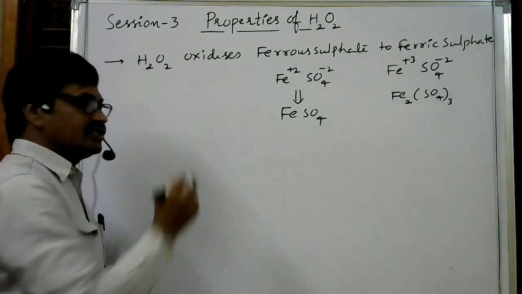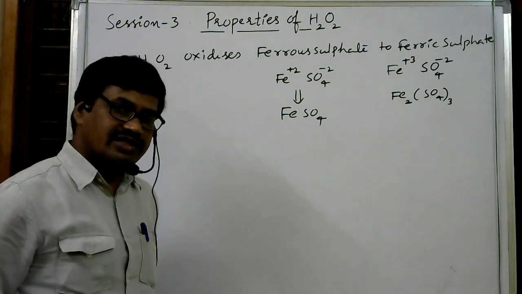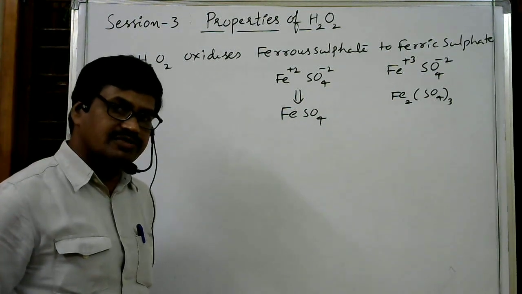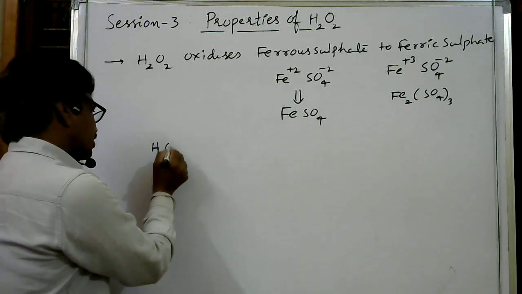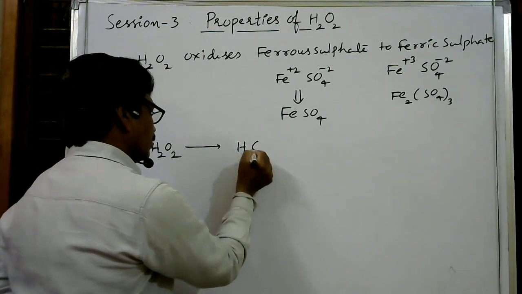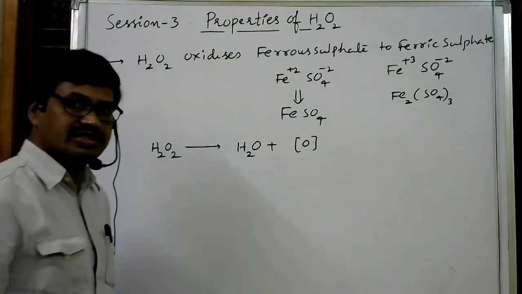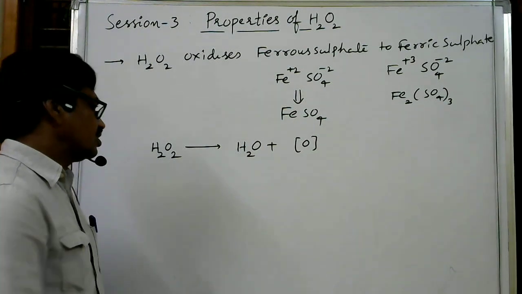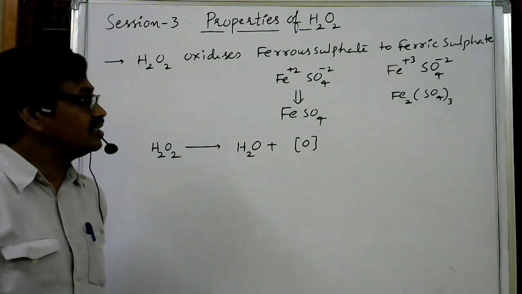See, the basic skeleton equation for the oxidizing property of hydrogen peroxide I gave in the last class. Here H2O2 first dissociates to give H2O plus nascent oxygen, very active oxygen. Then ferrous sulfate is converted into ferric sulfate in acidic medium.